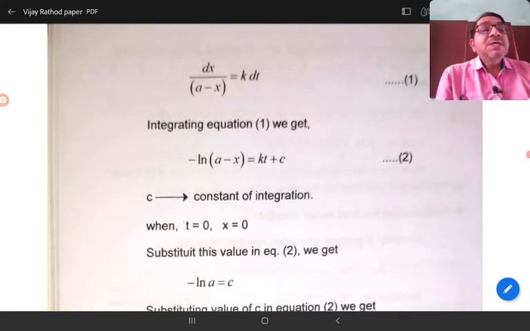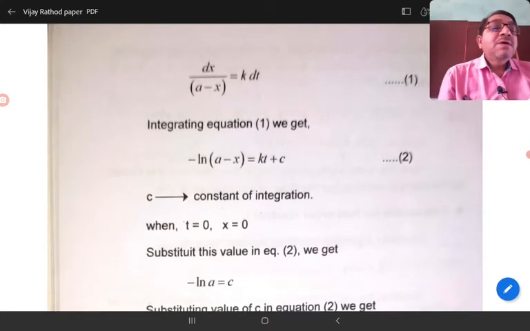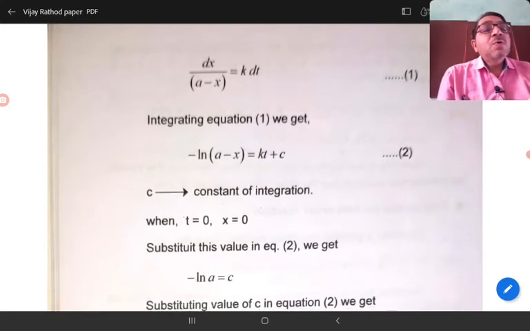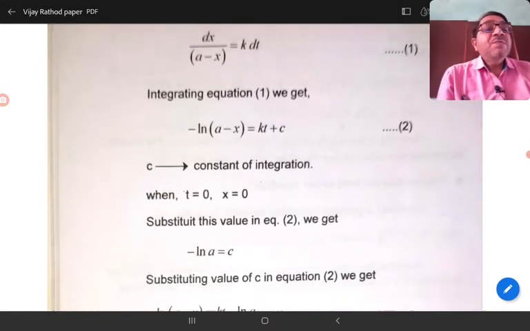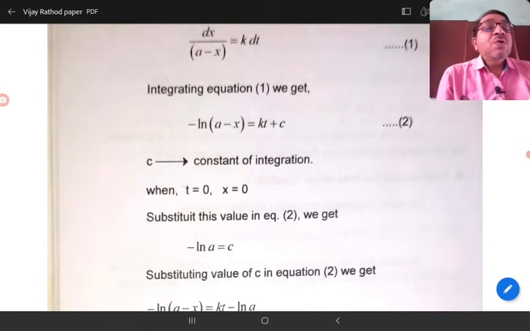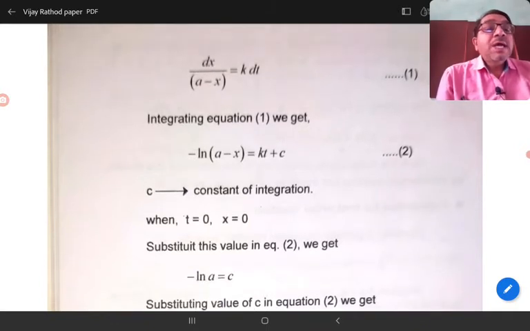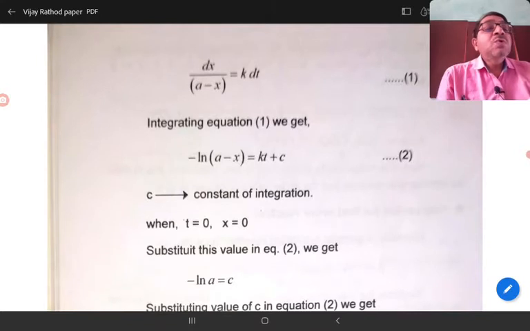At time 0, there is no product formation, so the product x is also 0.